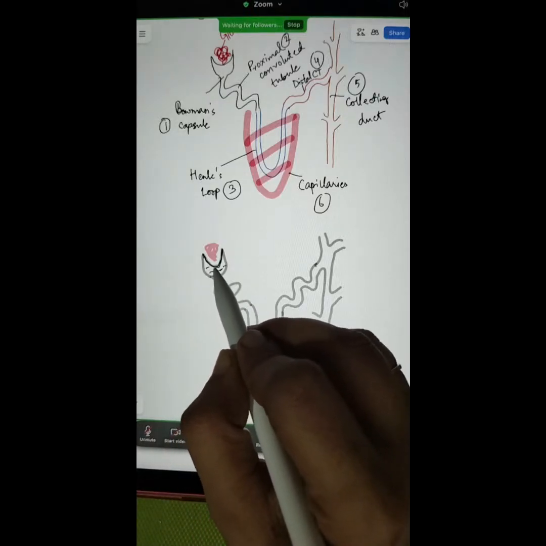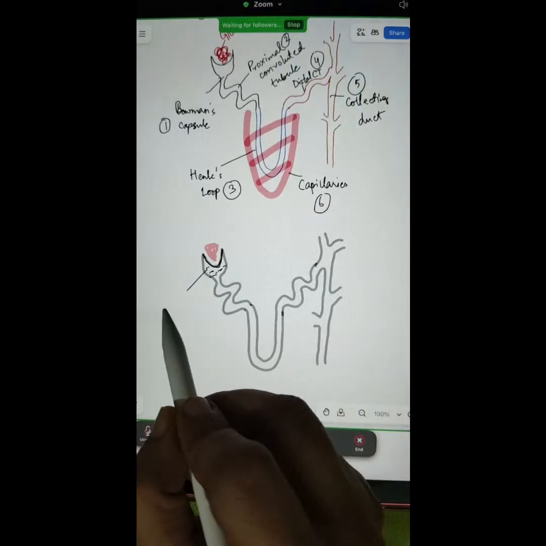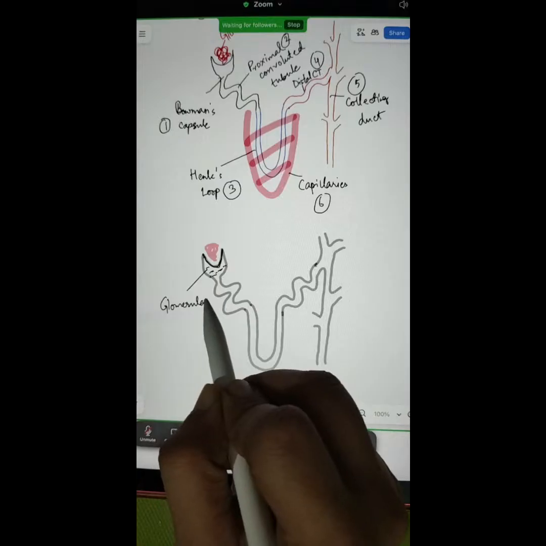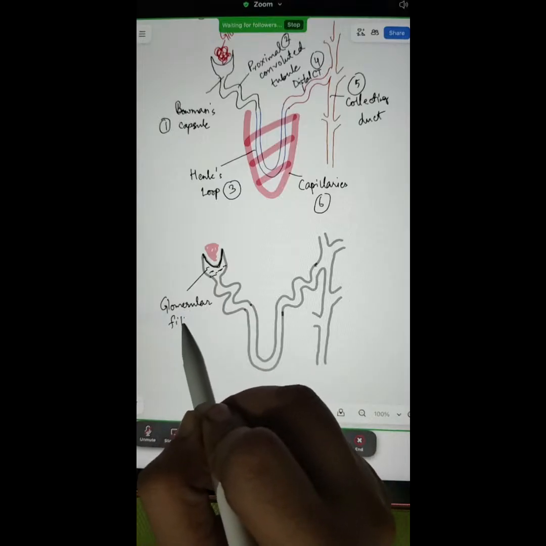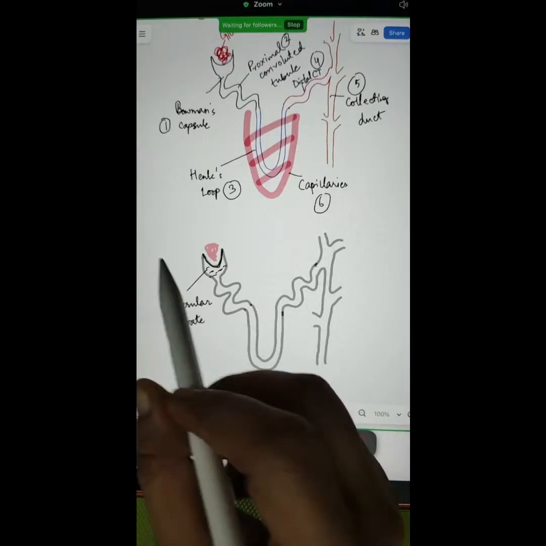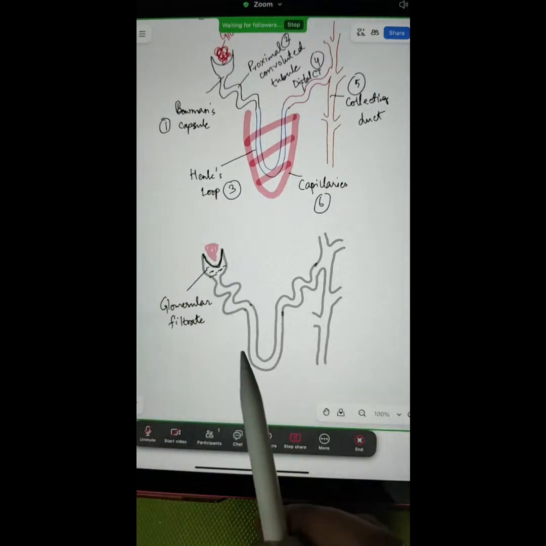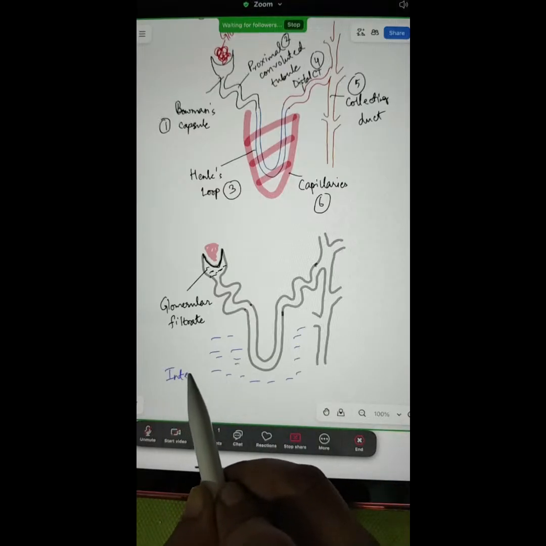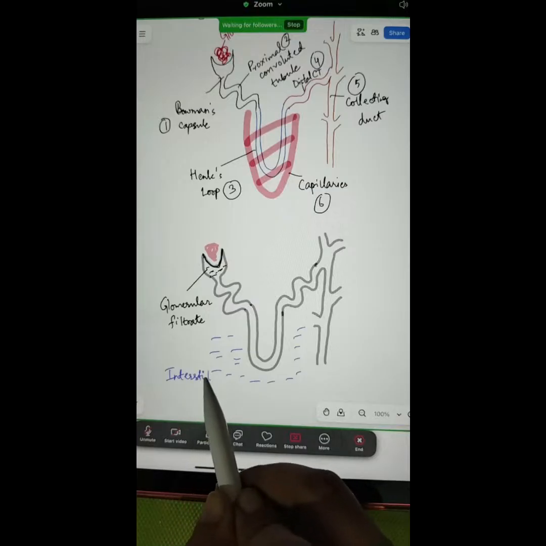Once the filtration is done, what do we get? We get glomerular filtrate. Glomerular filtrate is formed. Now, this nephron has a fluid outside which is known as interstitial fluid.